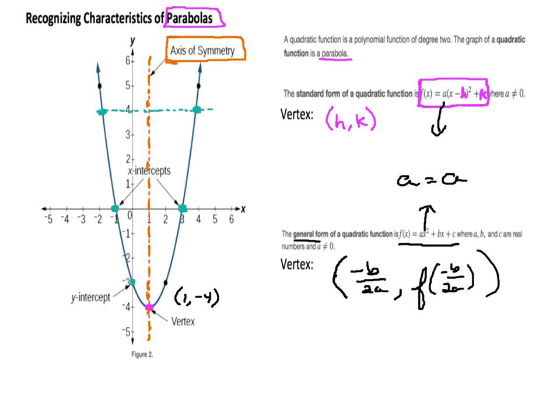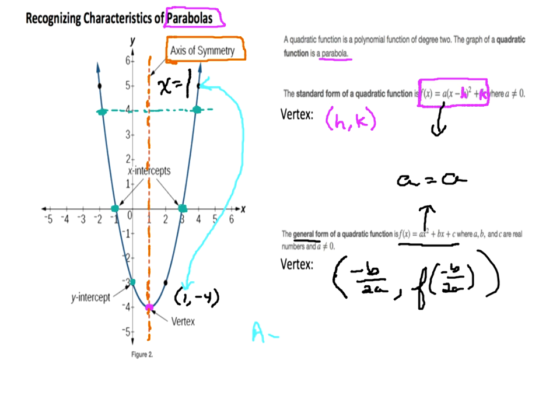Well, we know the equation of any vertical line is x equals some value, and it's where it goes through the x-axis. It goes through the x-axis at 1, which is always going to be the same as the x-coordinate of the vertex.